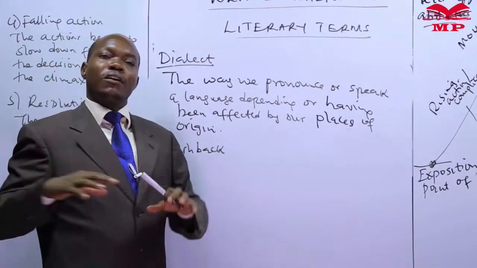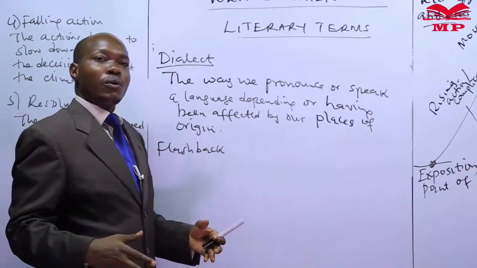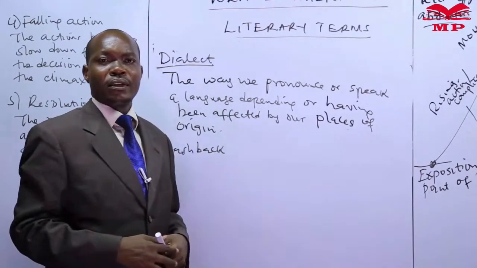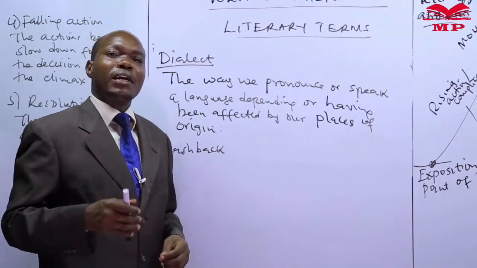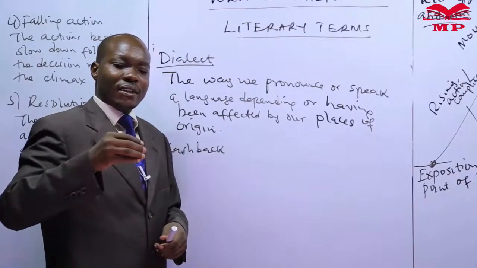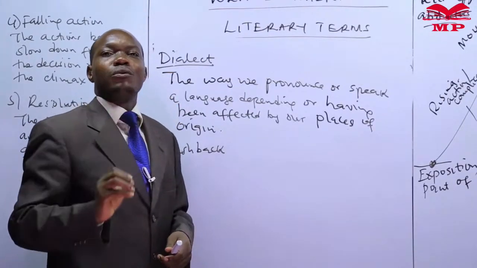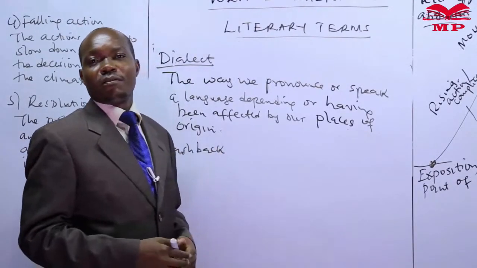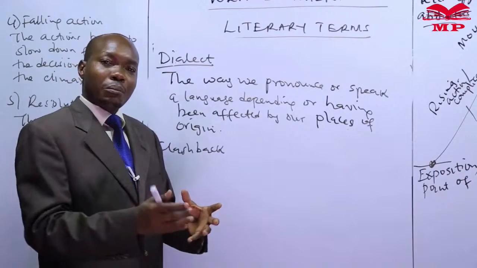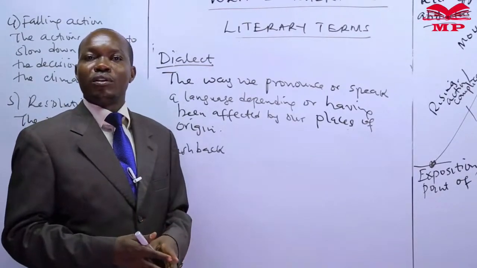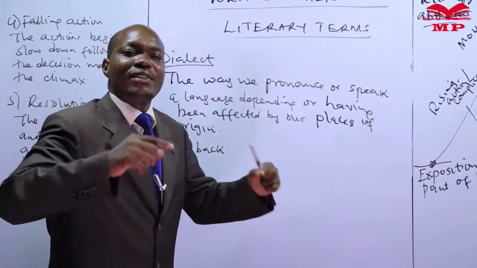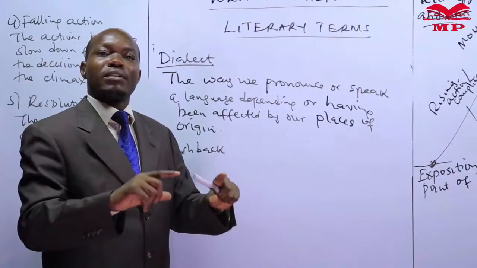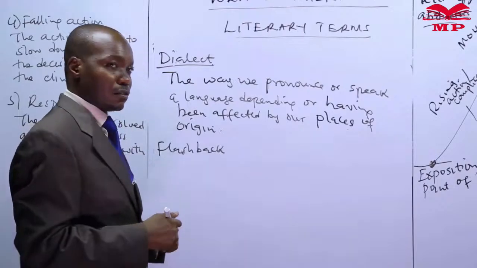For example, a character who is now working and has a family, and then the writer brings back this character's life when he was in primary school or high school. When you interrupt the flow of the story to bring in a past event that is of consequence to the present event, that is flashback.